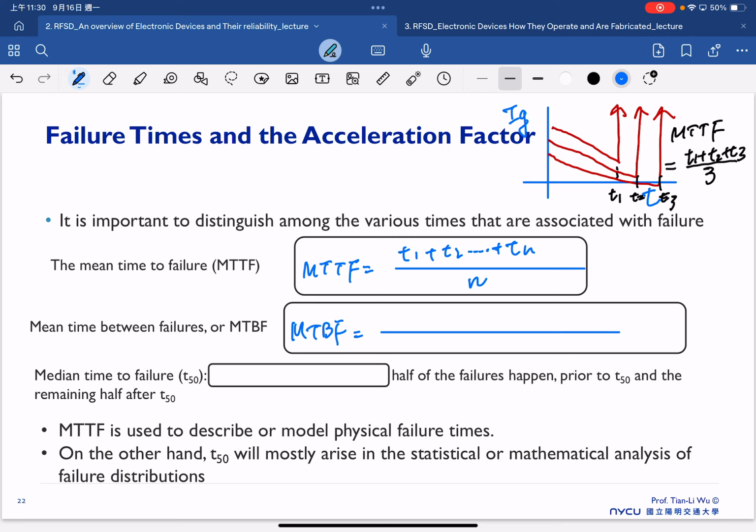So that means this is equal to T2 minus T1, plus T3 minus T2, up to Tn minus Tn minus 1, over n here. So that's the mean time between failures.